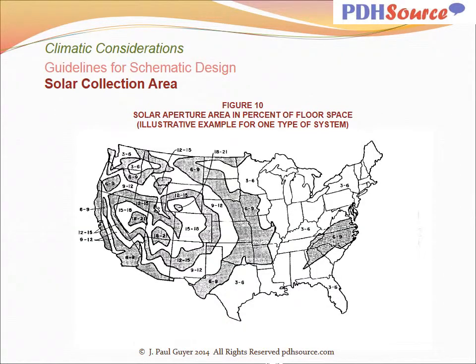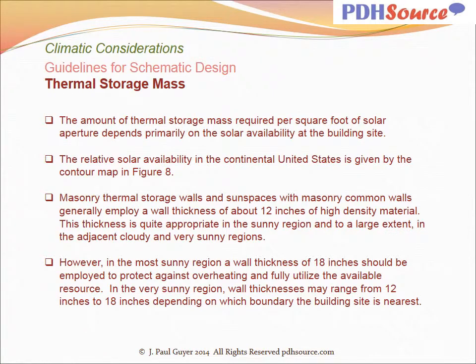Figure 10 indicates the solar aperture area in percent of floor space for the continental United States for one type of system. The amount of thermal storage mass required per square foot of solar aperture depends primarily on the solar availability at the building site.